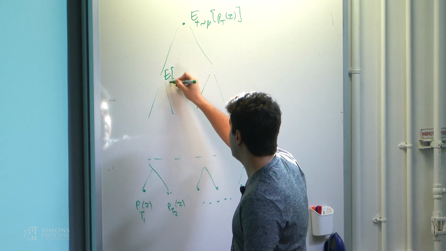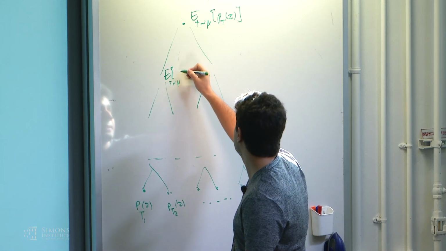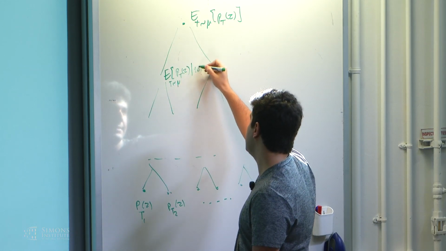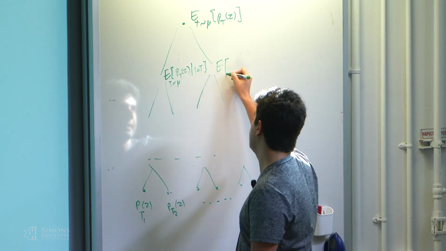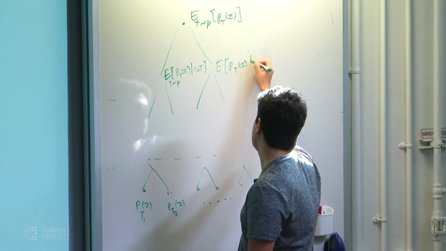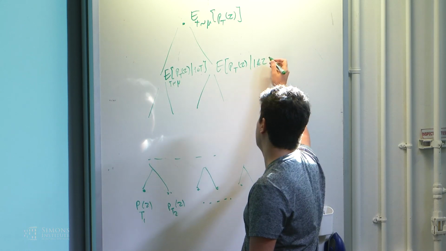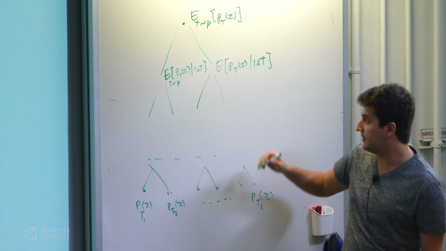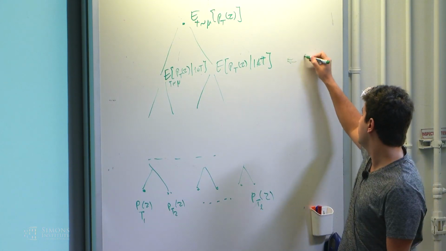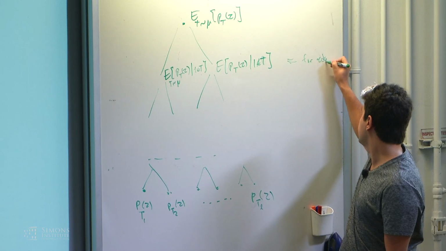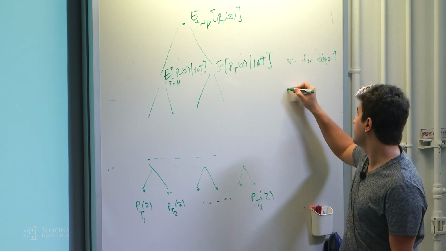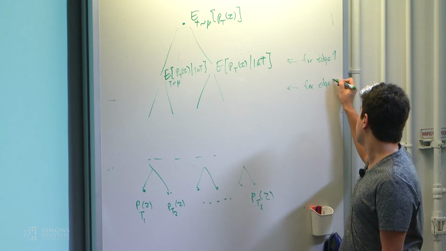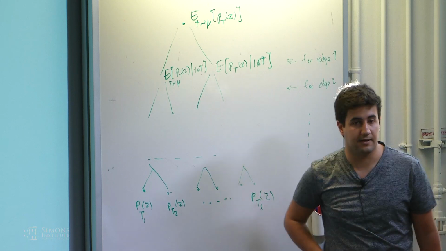So the nodes here are basically the distribution of T given mu, given that, let's say, edge 1 was in T, and this one is P_T of z given that edge 1 was not in T. So this is for edge 1. Then you go down the tree again for edge 2, and so on.